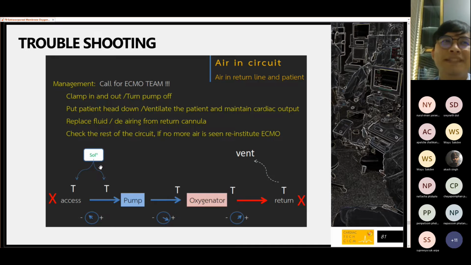So firstly, immediately you need to clamp the circuit first to prevent more air, and after that the patient could be put head down and ventilated to maintain cardiac output, because now the ECMO cannot help. And then you start to replace the fluid and de-air from the return cannula.